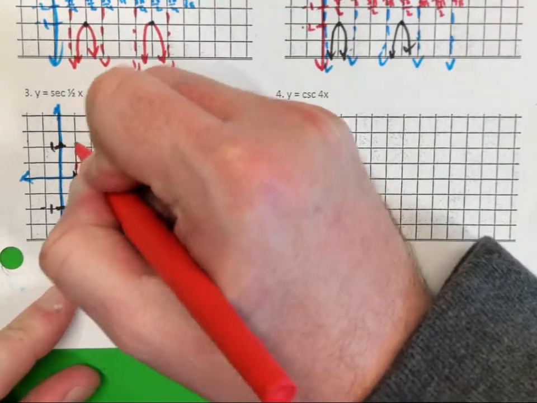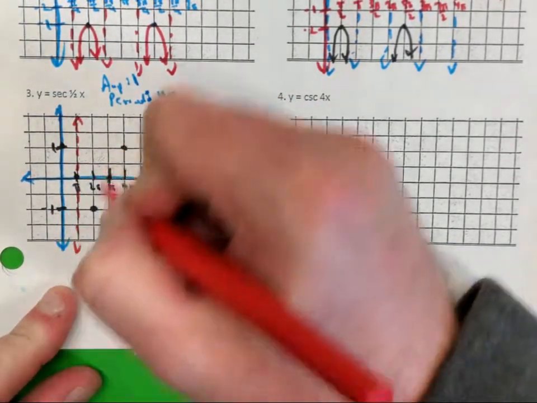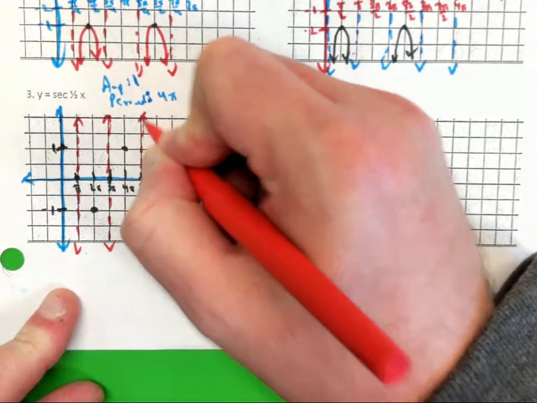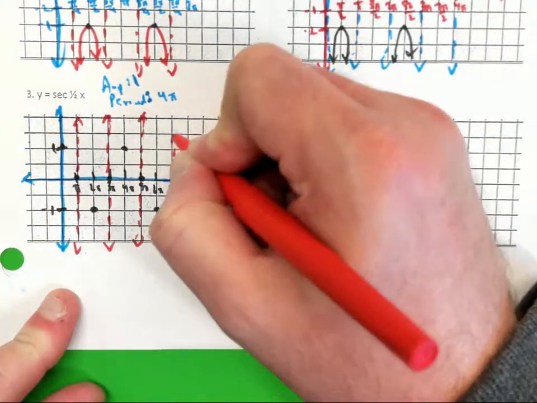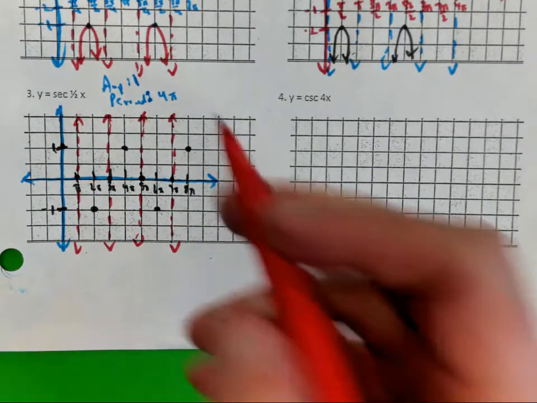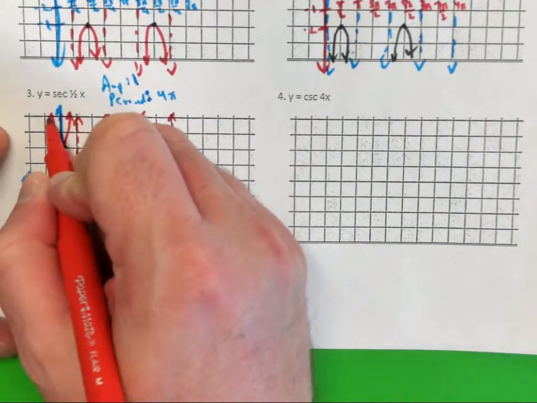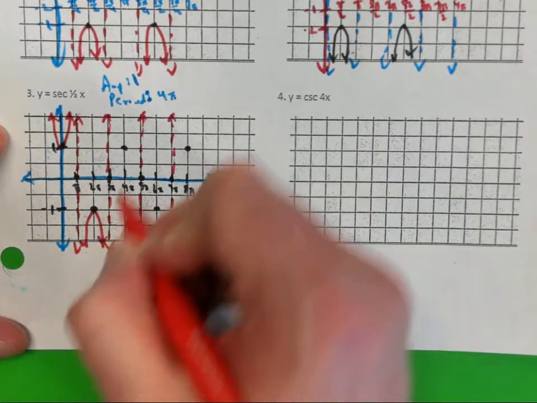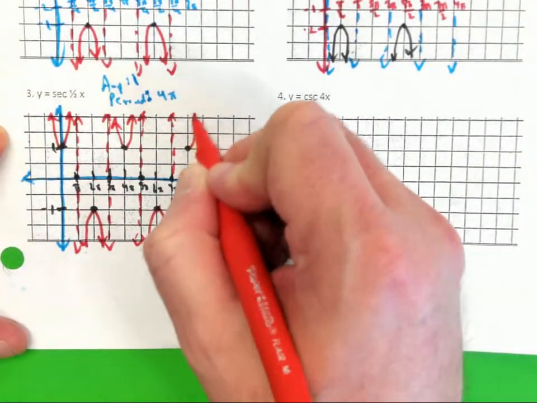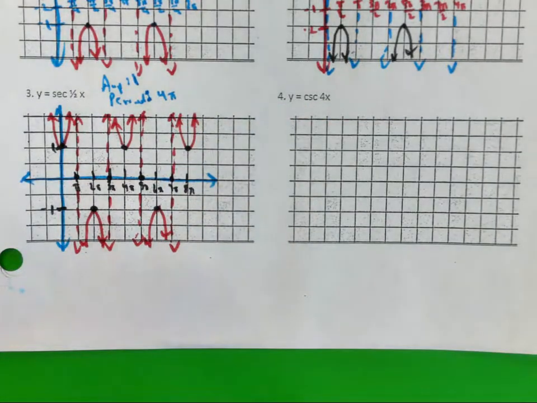I'm going to have an asymptote right here. And that's my graph.